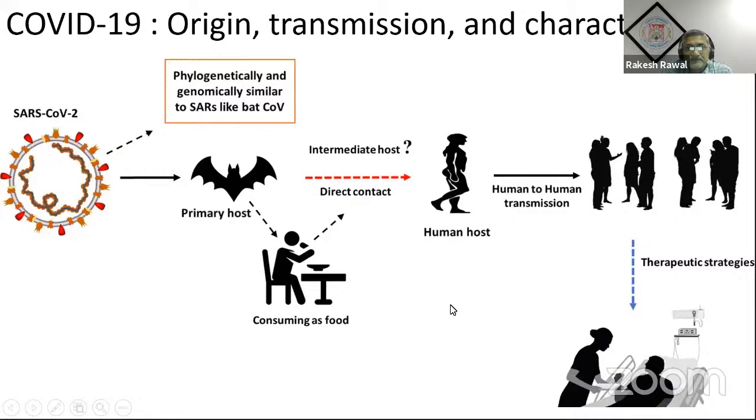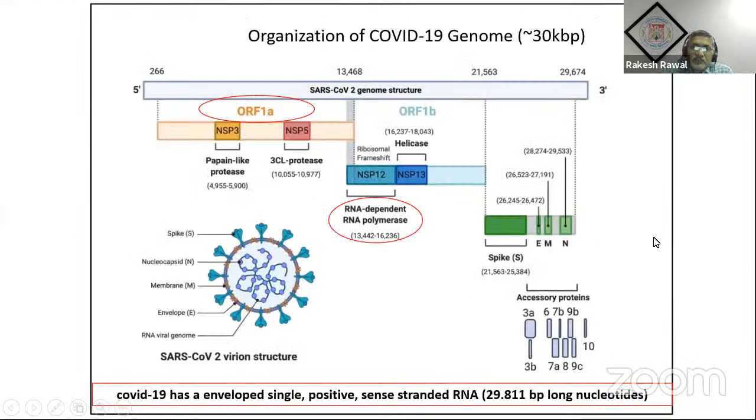We are struggling to get a hold on this deadly virus. If you look at the genome architecture of this virus, it is around 30 kilobase pairs, around 30,000 nucleotides, and it has many structural genes as well as RNA-dependent RNA polymerase and the spike proteins.